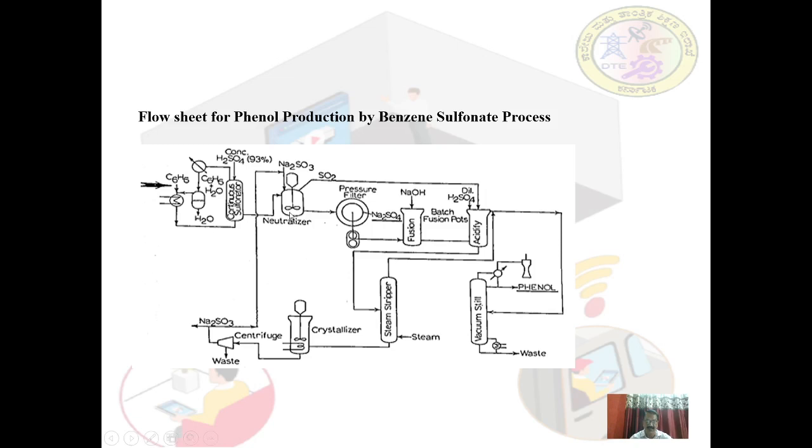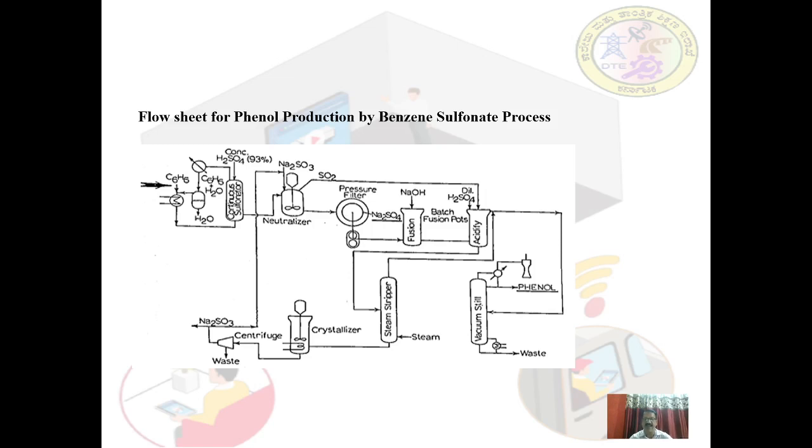Here, sulfur dioxide is released and the pot residue contains sodium benzene sulfonate in solution and precipitated sodium sulfate. This mixture is filtered in a pressure filter. That is the second step. Next step, pressure filter here, and then it is moved to batch fusion.